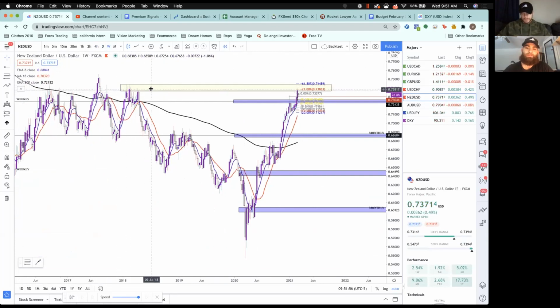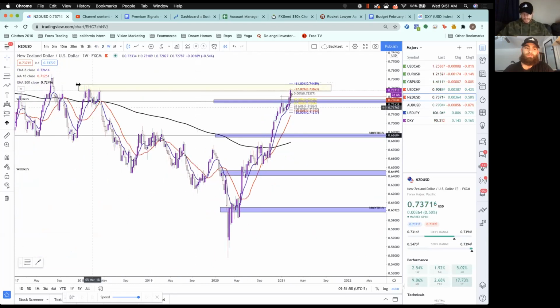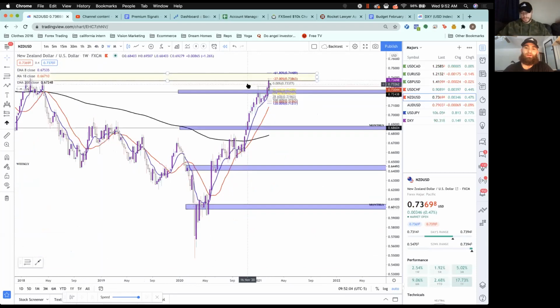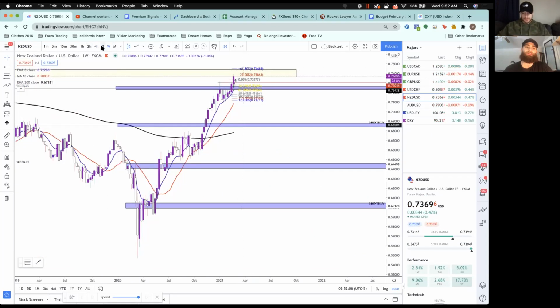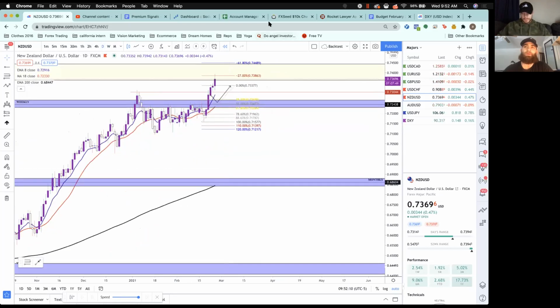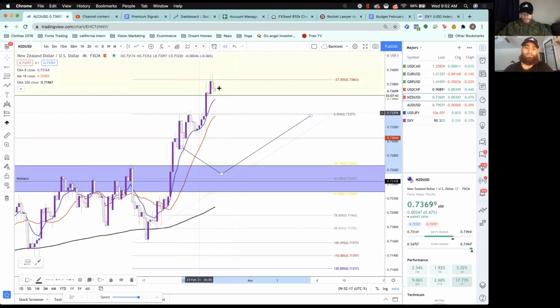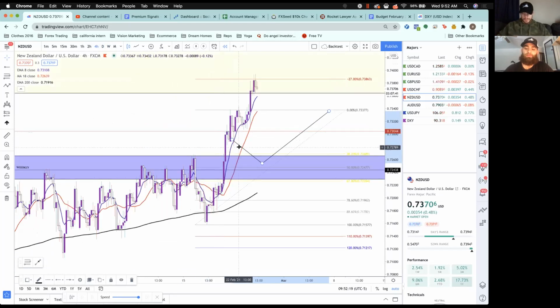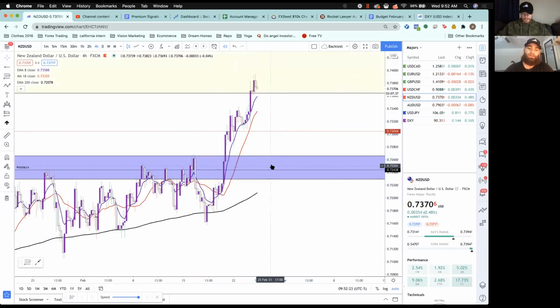If we look left, what I'll do today is break down this entire little cluster right here, to see how price moved there. We're certainly still pretty bullish. On Sunday, we went over waiting for a pullback before entering and getting long on this, but there was no pullback. So this thing just continued higher. So there really was no opportunity to enter on this one early in the week unless you were really aggressive.